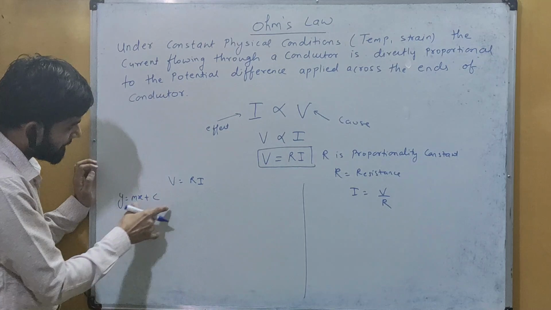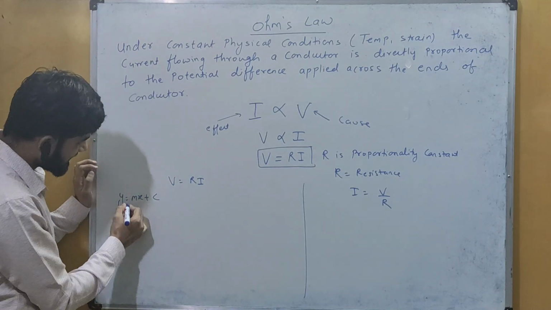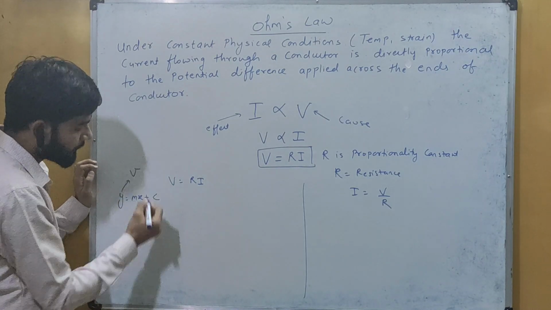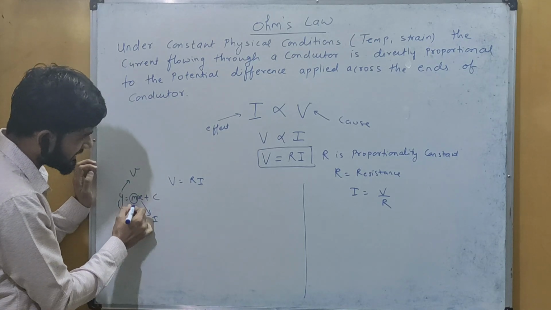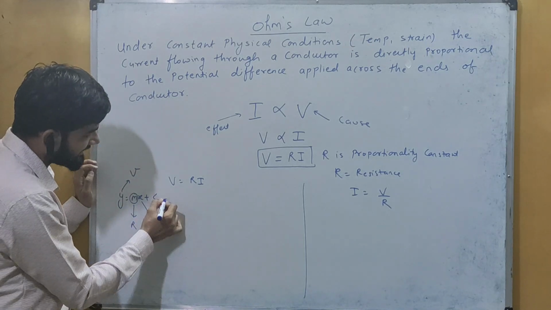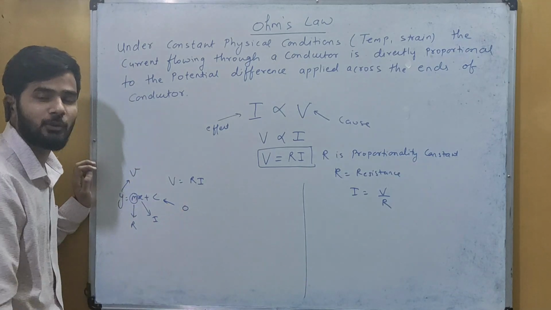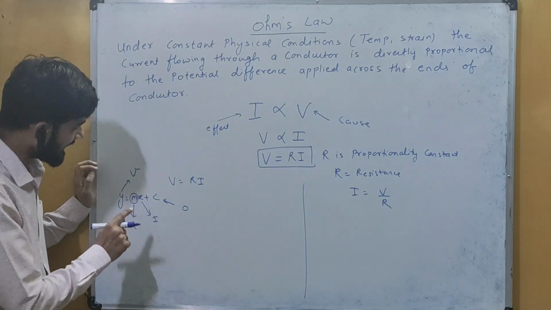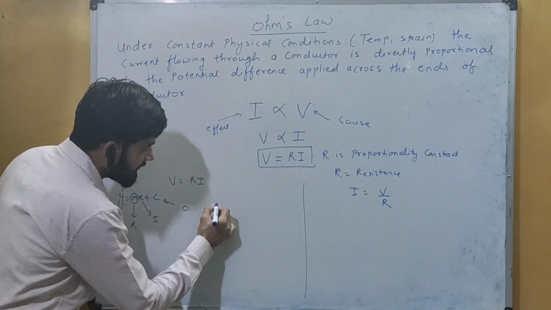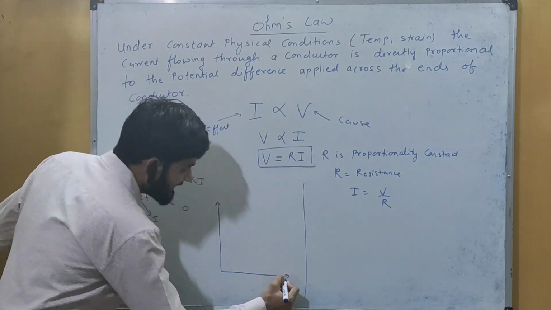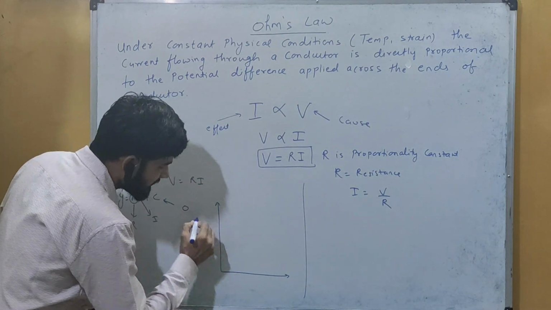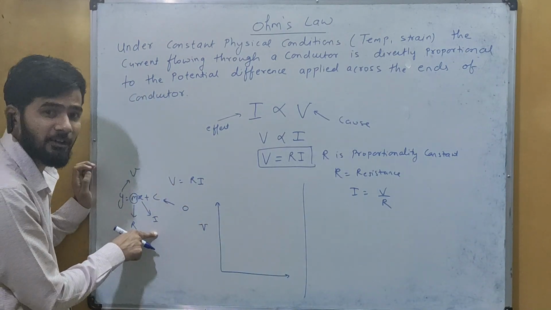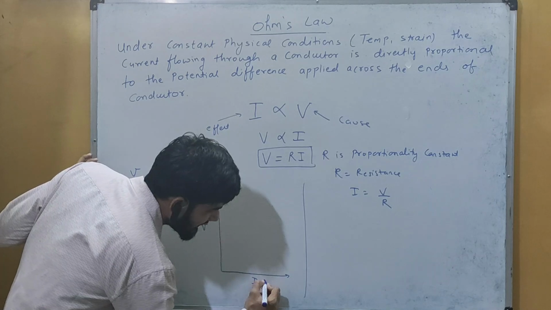Now if I compare this with it, I can write y equals V, here x equals I, and this m, that is the slope, equals R, and I can write this c equals 0. Okay, इसका मतलब क्या है कि according to this equation, when I make the graph, on the y-axis I have to keep the voltage V, and on the x-axis I have to keep I, that is the current.